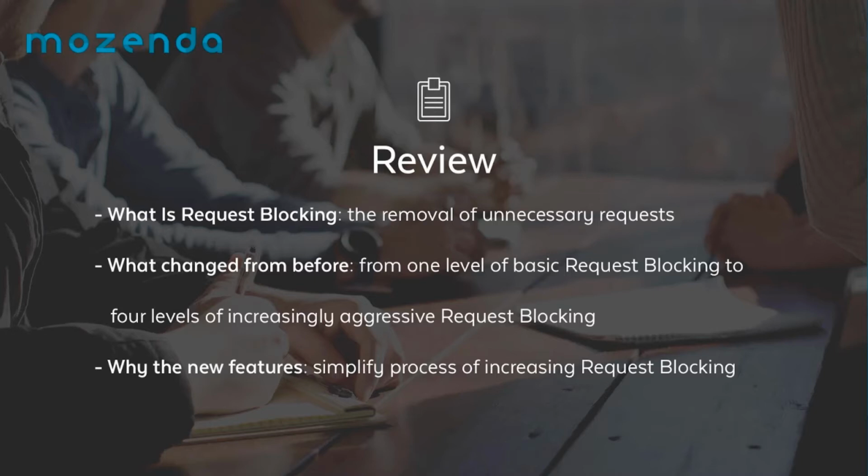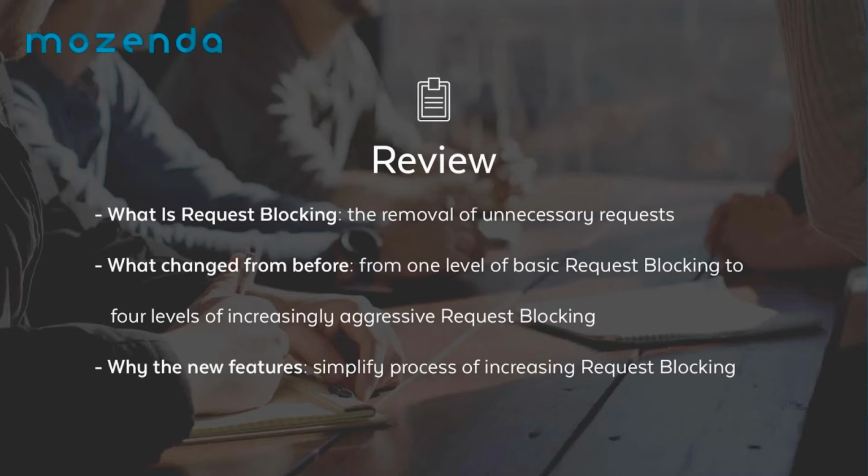Now, previous to this update, request blocking was scaled to only one level of request blocking. It was very basic. It just blocked the ads and the analytics. And if you wanted to get more aggressive with your request blocking, you were required to delve a little bit deeper into the requests and possibly even write your own expressions to be more aggressive in your request blocking.